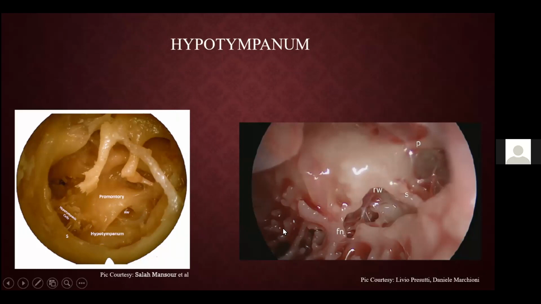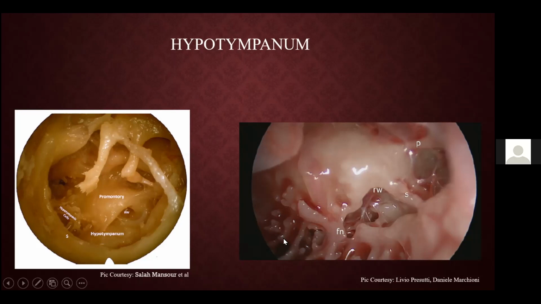If we study the extent, it is from anteriorly the eustachian tube opening till the funiculus, because above the funiculus will be the retrotympanum. So this is the part which is referred to as the hypotympanum, and it has a medial limit of the carotid canal, and posteriorly it is limited by the styloid eminence and the facial canal, the vertical segment of the facial canal.